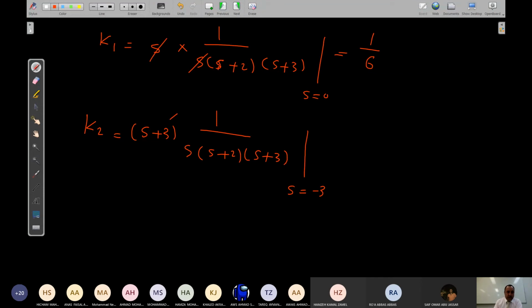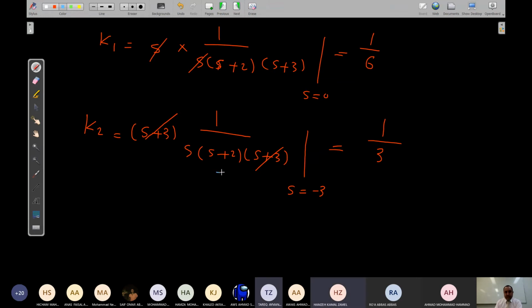According to the Pacman theory, this one would eat this one, and I will end up with minus 1 over... This will be the minus 1, and this will be the minus 3, so 1 over 3, not minus. Correct?